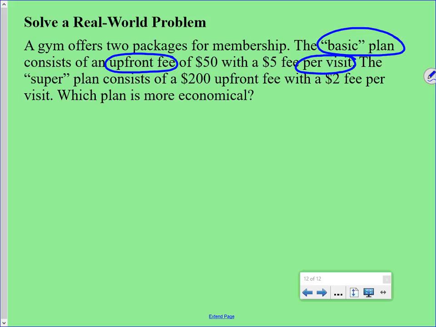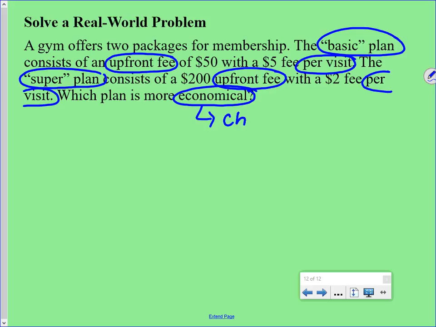The super plan consists of a $200 upfront fee with a $2 fee per visit. Which plan is more economical? Economical means which plan is really just cheaper, which one is going to cost less in the long run.